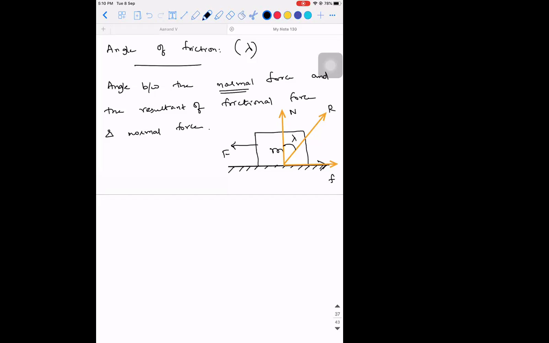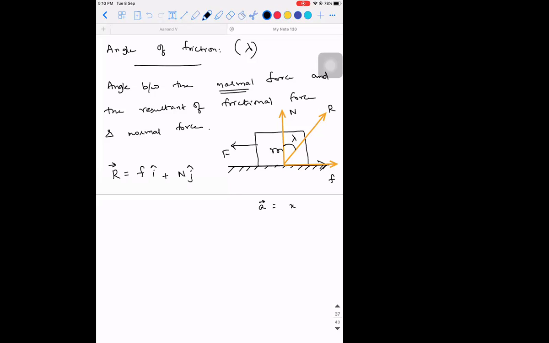If you write this as lambda, then R vector can be written as F i cap plus N j cap. Now, I've already told you this thing.